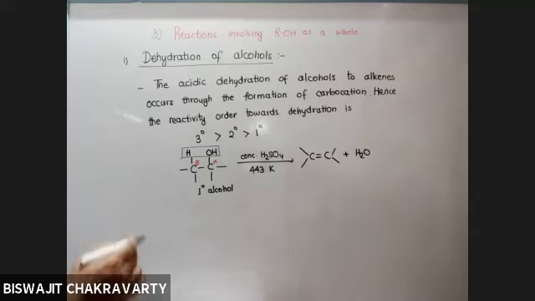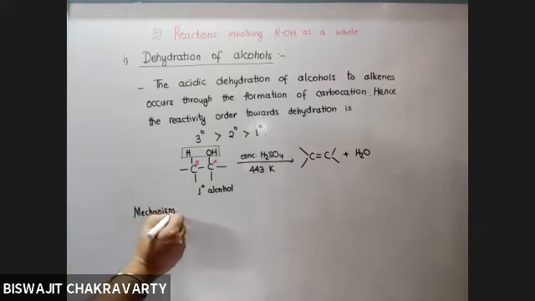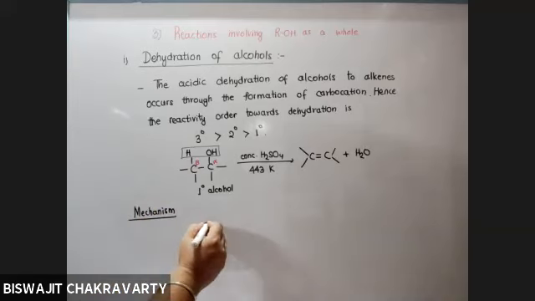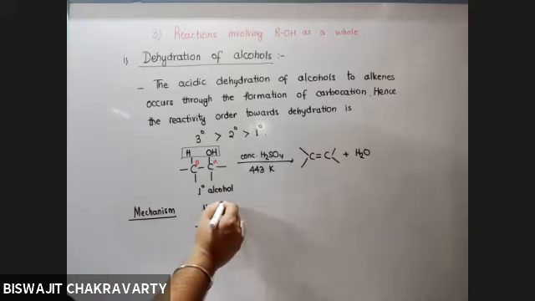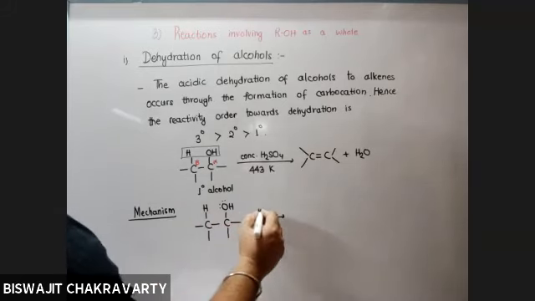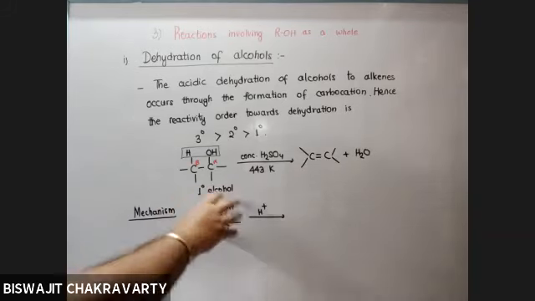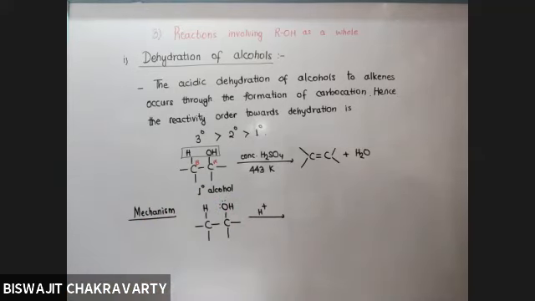So let us see what the mechanism is. What is the mechanism of the reaction due to which the reaction proceeds? If we take an alcohol which has at least 1 beta hydrogen, and we treat this with an acid like concentrated H2SO4 that is capable of providing us H plus ion, so who do you think in the whole molecule is capable of helping this H plus ion?